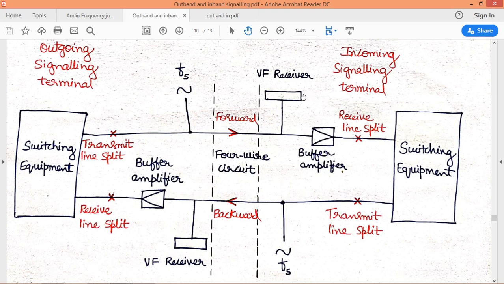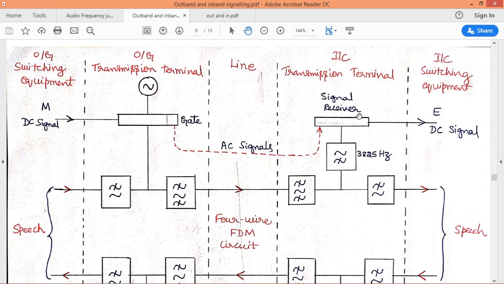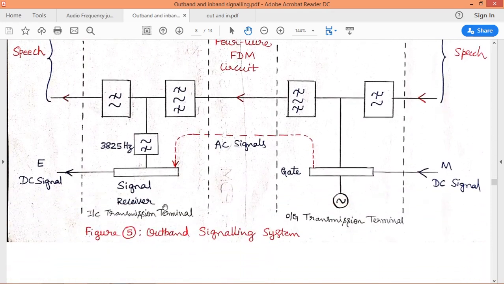So we know DC signal will be produced and that DC signal will be given to switching equipment. Whatever the VF receiver has produced, the DC signal in the form of E leads, is given to switching equipment. We know that. We have discussed this in outband signaling system also.